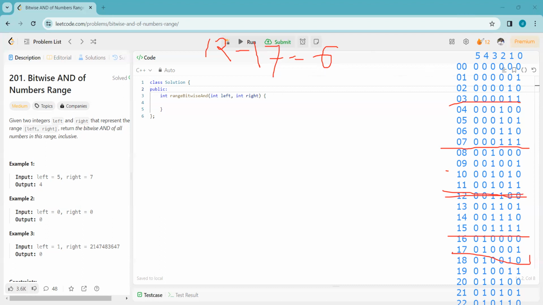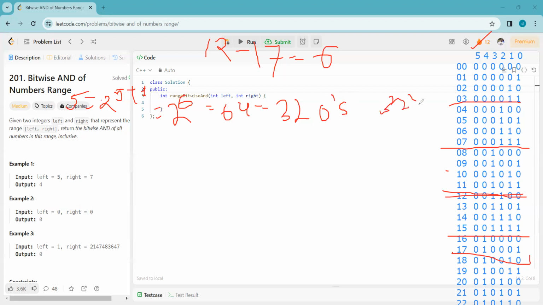So let's see, beginning from the fifth bit. For the fifth bit, the pattern repeats after 2 to the power 5 plus 1, that is 2 to the power 6, that is 64. That is, after every 64 numbers, a pattern is repeating. That means the first 32 numbers will be zeros and the next 32 numbers will be 1, right?